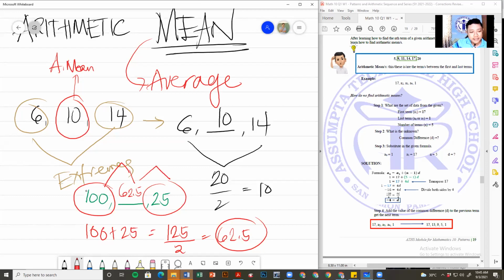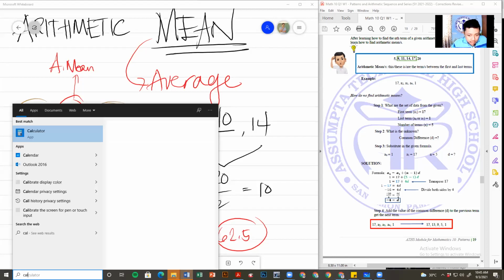Okay, correct. 37.5. Very good. Common difference is not always a whole number. Sometimes it can also be a decimal. Please take note of that.